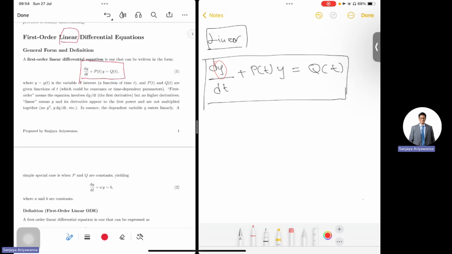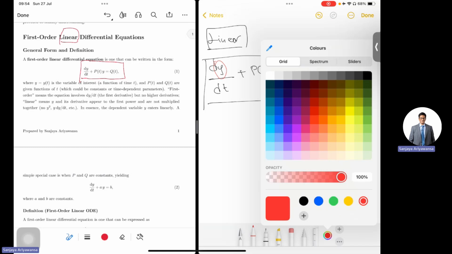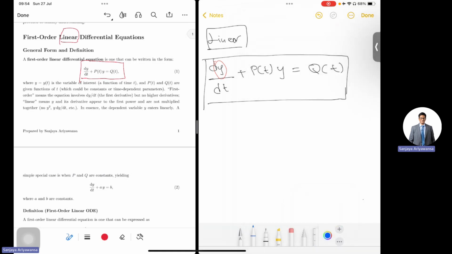Now, in this form, if you go through the terms, you see, oh, there is a first order derivative. That's nice, dy by dt. And is it linear? Yes, it's linear because you have a function p of t, you have your y function, which is also a function of t, and a q function. None of these are quadratic or cubic. It's all linear. So linear means the terms appear to the first power and are not multiplied together.